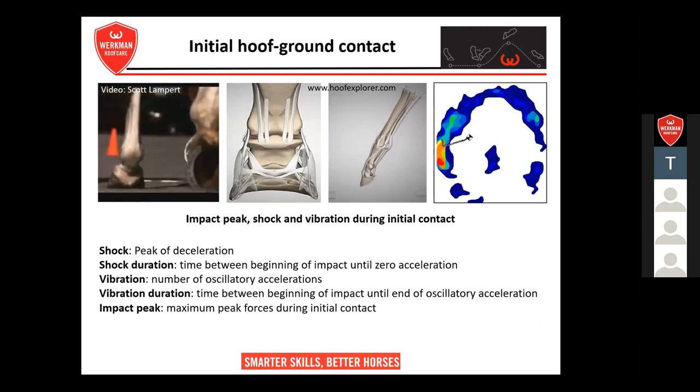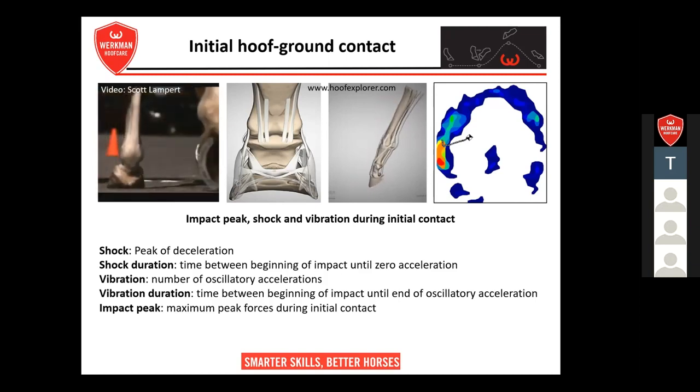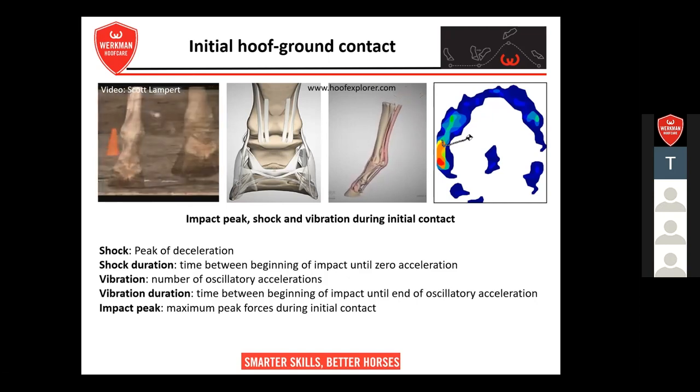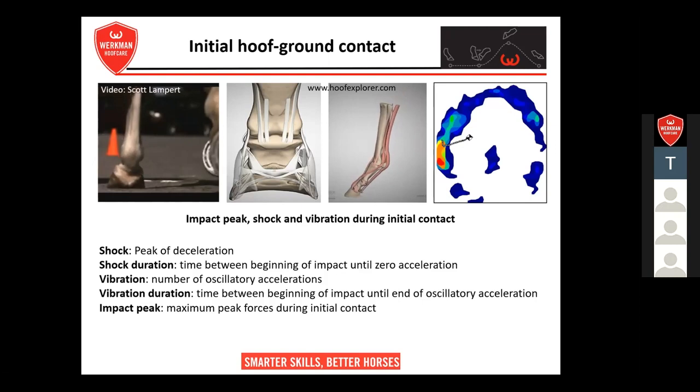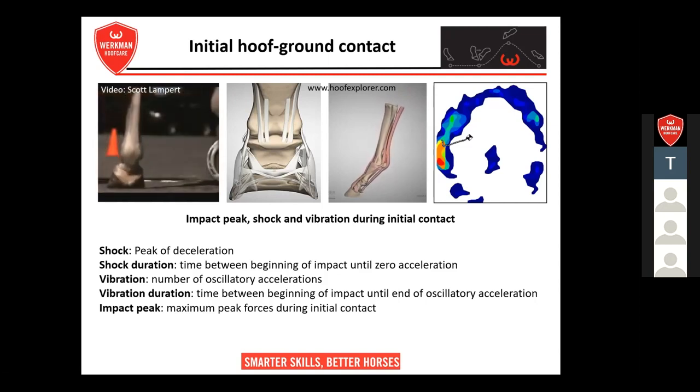The peak of this maximum deceleration is the shock. Of course, during this moment, we have high forces affecting the hoof, because during deceleration, forces are transferred to the joints and all the other bony structures. Then the shock duration is the time between the beginning of impact until zero acceleration or deceleration.